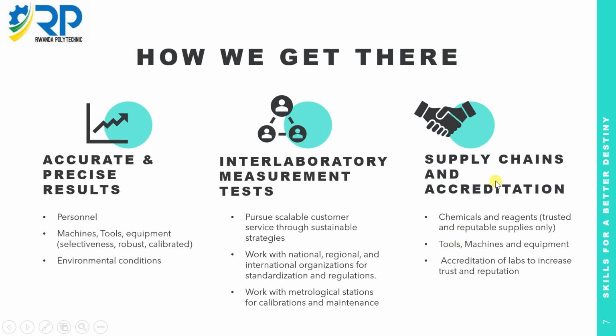Also, when we are dealing with supply chains and accreditations, we make sure that we have the right tools, machines, and equipment that are updated with newly developed technologies so that we tackle many challenges. But if we are using old version technology, we are left behind. Also, the accreditation of labs increases trust and reputation.